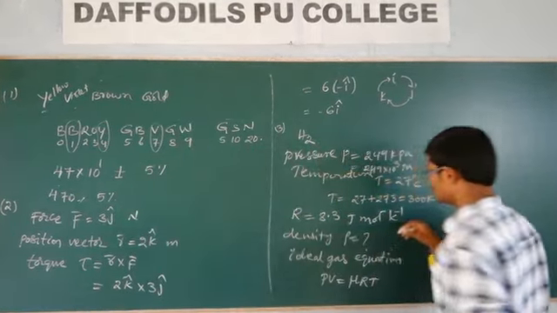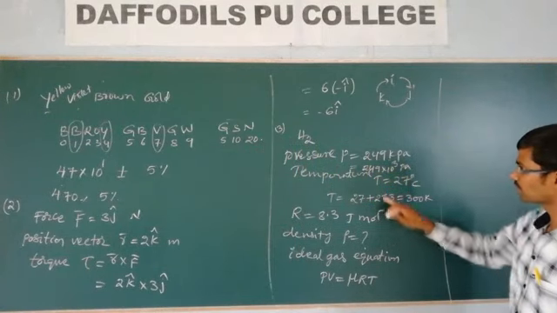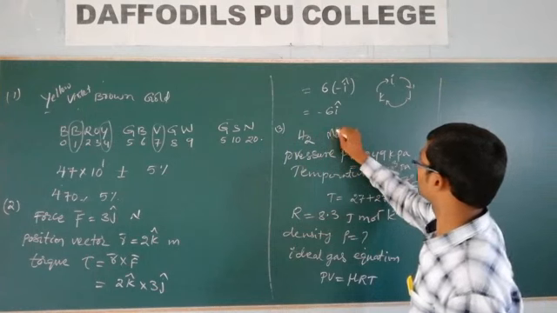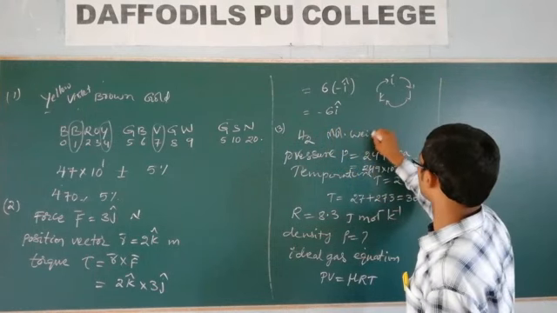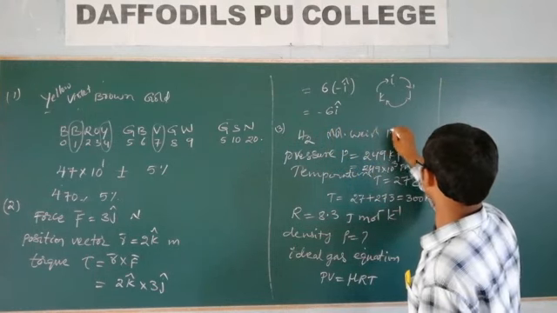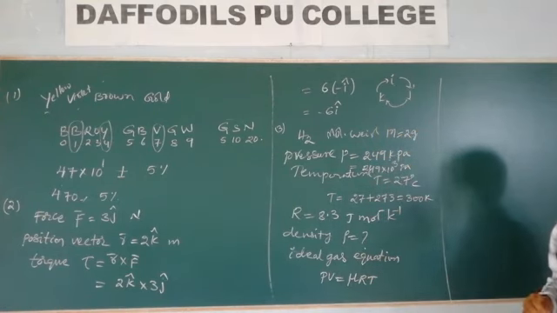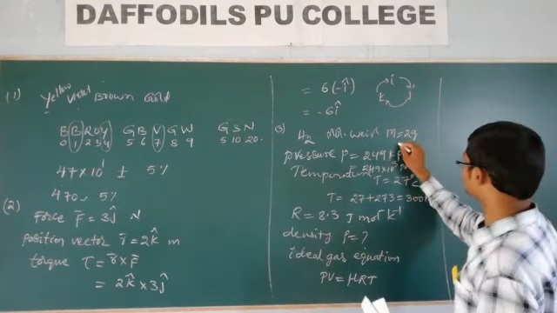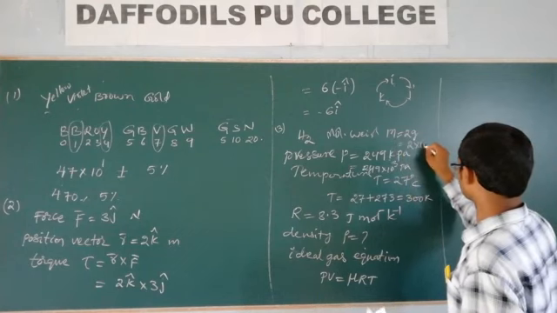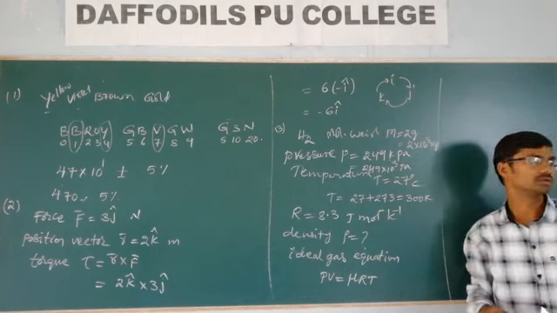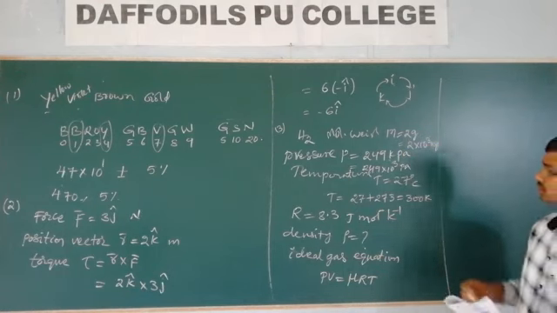We need to know the molecular weight of hydrogen gas. The molar mass M is 2 gram, remember, not 2 kg. This is very important: you need to write it in kg, 2 into 10 power minus 3 kg.